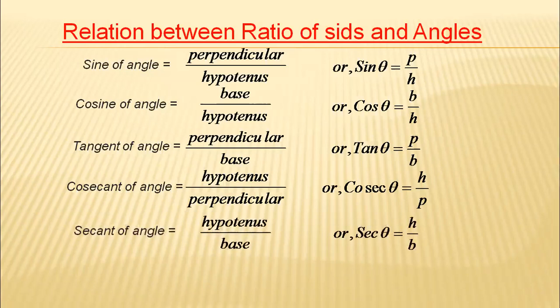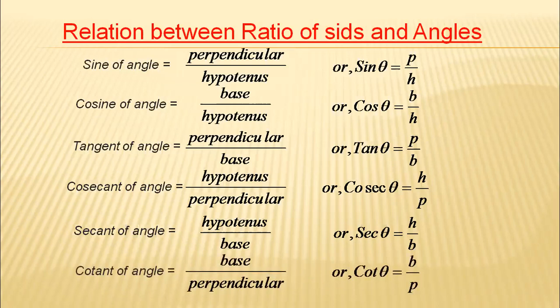Secant of angle, that is the reciprocal of cosine, hypotenuse by base, sec theta is equal to S by B. And cotangent of angle, this is the reciprocal of tan, base by perpendicular, which is cot theta is equal to B by P in short form.